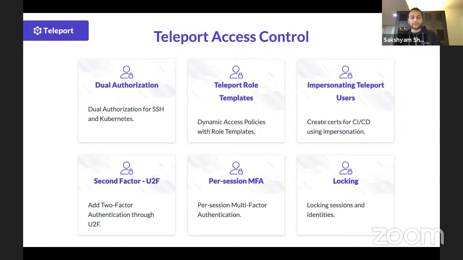Rather than blocking access to your entire fleet of servers, you can just implement session locking and block access to the particular server or service that the malicious user is using. That way you avoid downtime to your infrastructure, and yet you can successfully block the malicious access. These features collectively help you implement secure access to your infrastructure via SSH or Kubernetes.